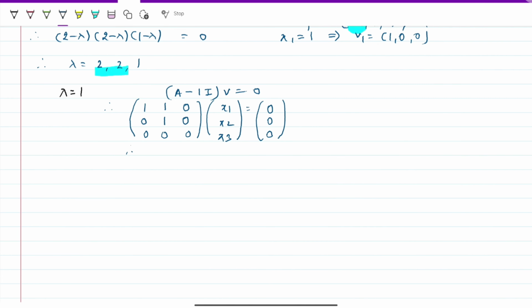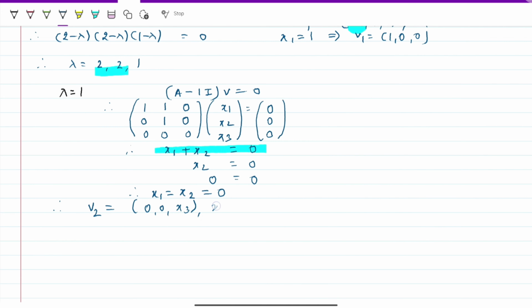This gives us x1 plus x2 is equal to 0, x2 is equal to 0 and 0 is equal to 0. From the second equation, we have x2 is equal to 0, and if we substitute x2 equal to 0 in the first equation, then we get x1 is also equal to 0. Thus we have x1 equal to x2 equal to 0, and x3 is a free variable, so the eigenvector corresponding to lambda equal to 1 is given by 0, 0, x3, where x3 is a real number.